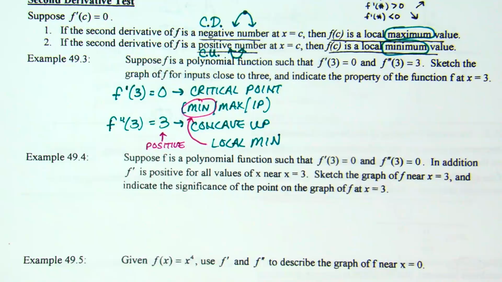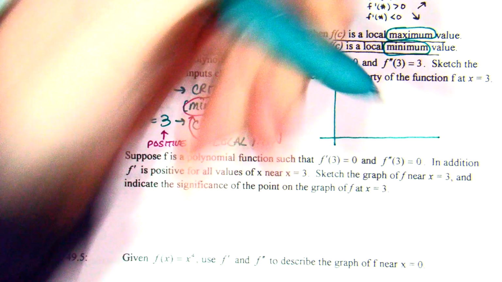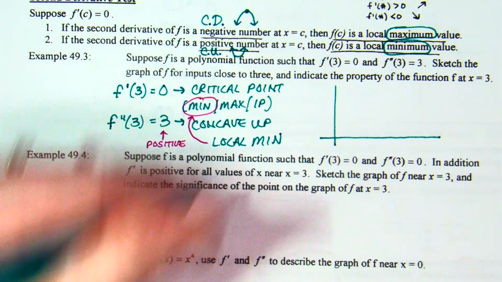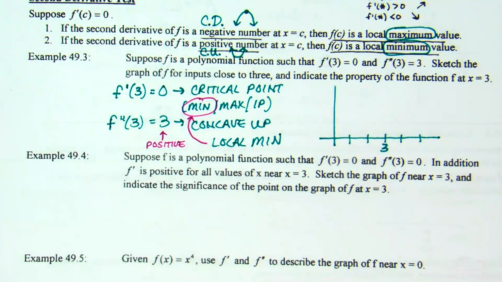Now I believe it says sketch. Okay. So sketch the graph. It's a sketch, folks. Nothing fancy. Do we know official values? No, we don't know official values. What am I sketching here? A parabola that's opening up because it's concave up, and that has what happened where?